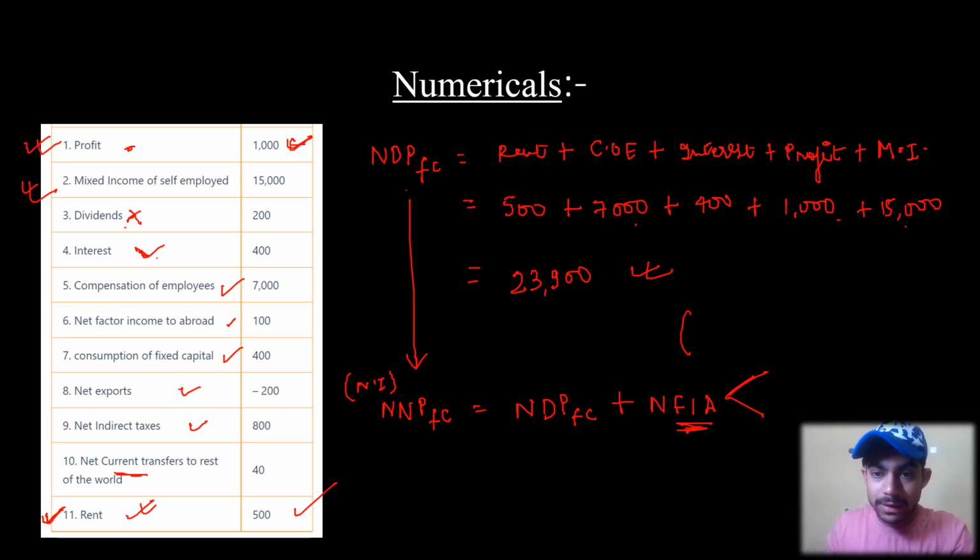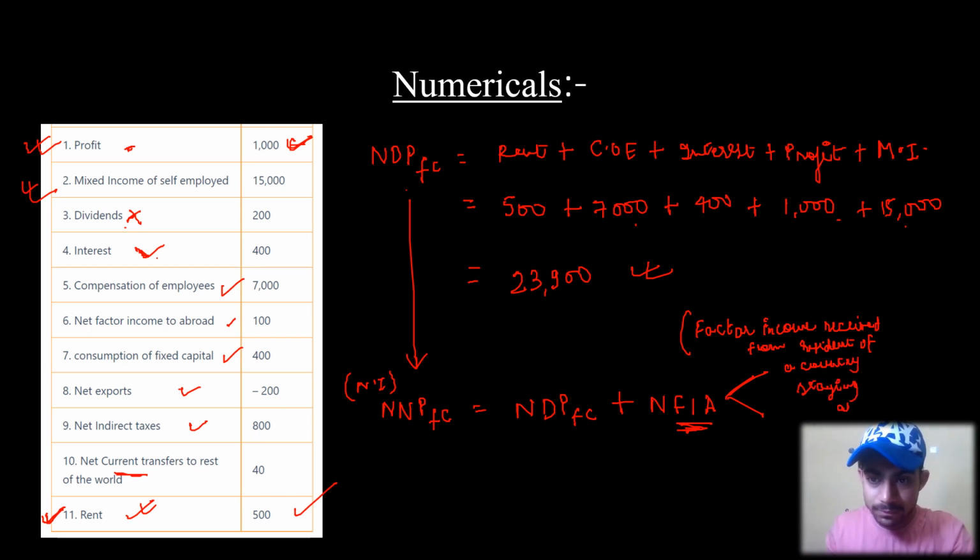Its formula is factor income received from resident of a country staying abroad minus factor income paid to non-resident.